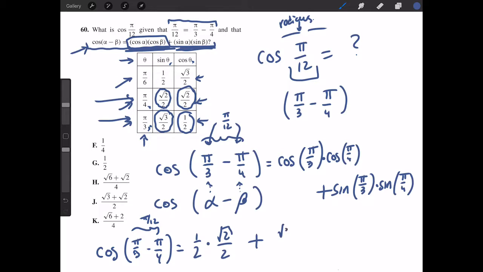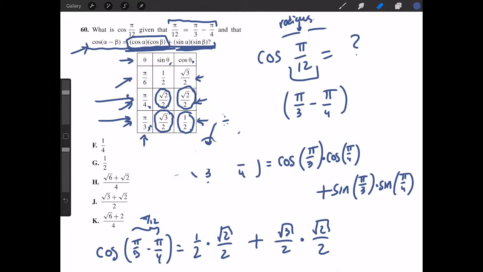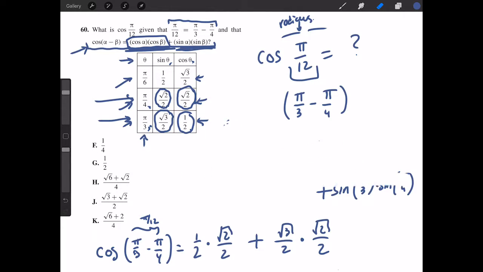And then plus, now sine of pi/3 is square root of 3 divided by 2 times sine of pi/4, which is square root of 2 divided by 2. Looks very confusing, but at the end of the day, now all I need to do is clean it up and find the correct answer. Watch.